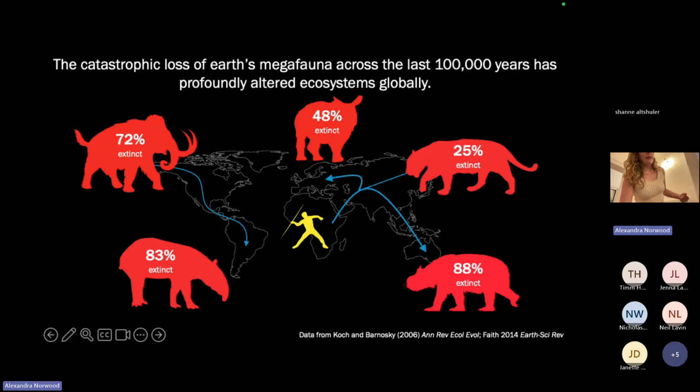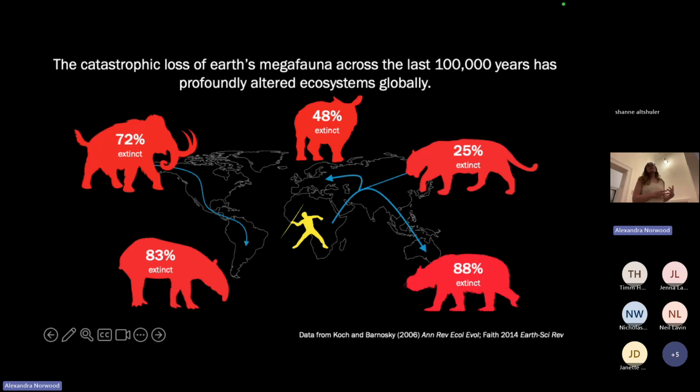So, over the last 100,000 years, there's been a huge number of extinctions of megafauna all over the earth. Some of the ones that you might be most familiar with are mammoths in North America that go extinct right around the time that humans get there.